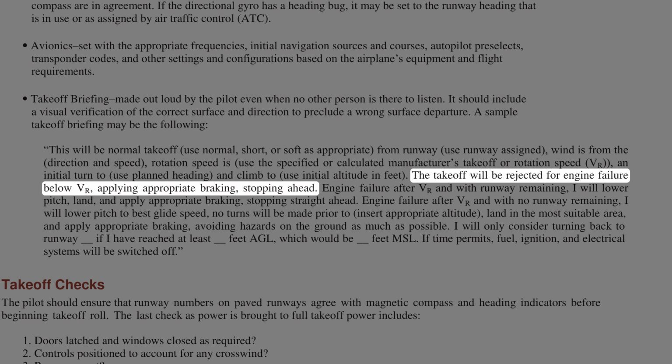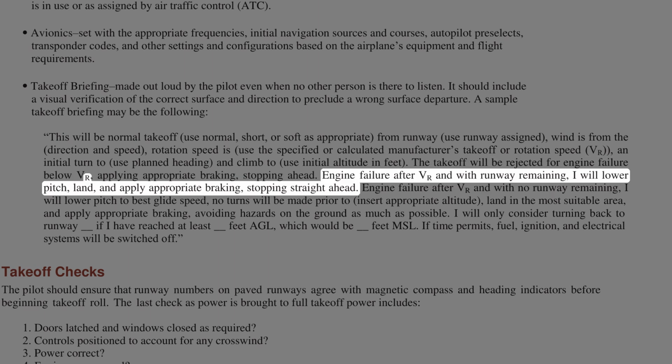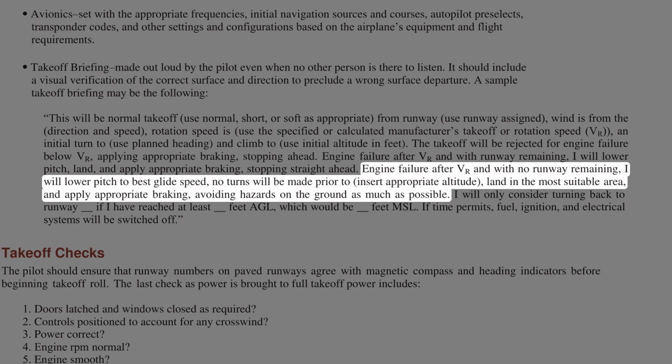The takeoff will be rejected for engine failure below V, applying appropriate braking, stopping straight ahead. Engine failure after V and with runway remaining, I will lower pitch, land, and apply appropriate braking, stopping straight ahead. Engine failure after V and with no runway remaining, I will lower pitch to best glide speed, no turns will be made prior to, insert appropriate altitude, land in the most suitable area, and apply appropriate braking, avoiding hazards on the ground as much as possible.